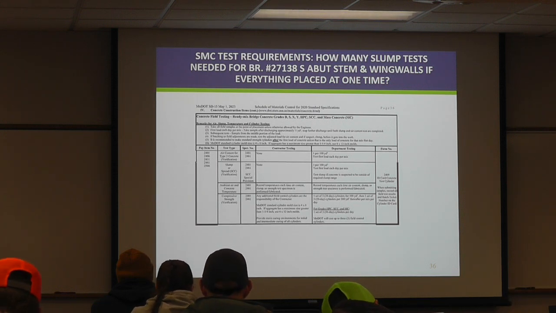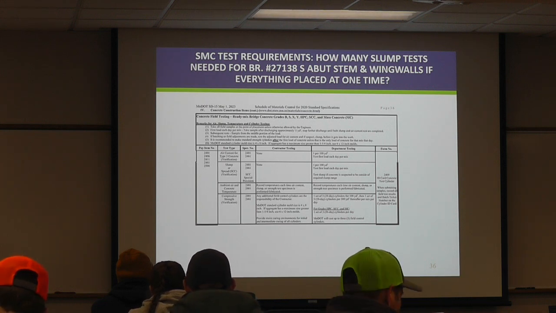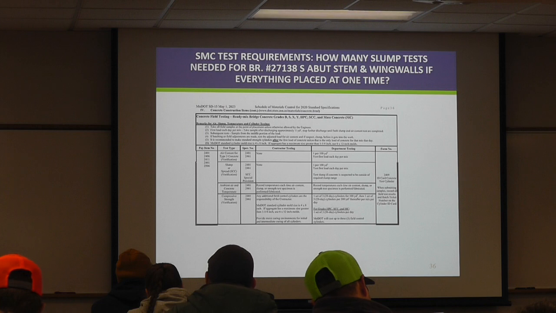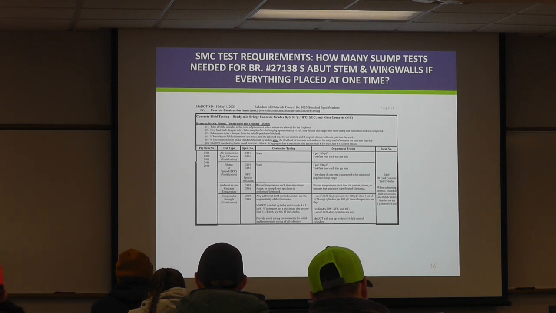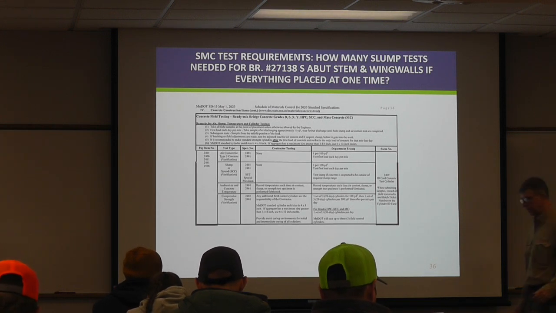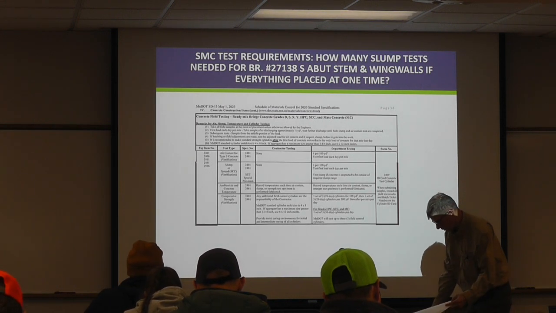What about right out of the gate? First one. Okay, so now I have to figure out, we're going to do the south abutment, stem, and the wing wall, everything at one time. So we have to find out what that quantity is and then figure out how many tests. So help me out.